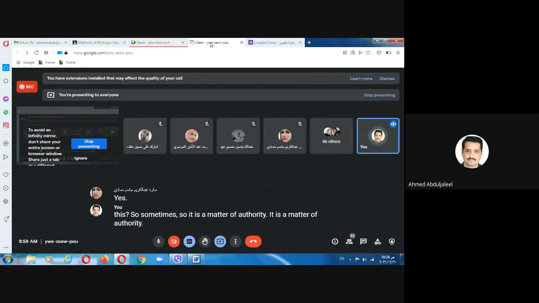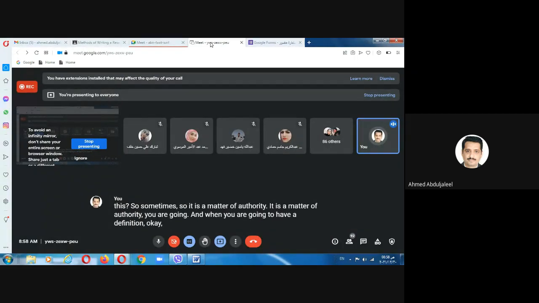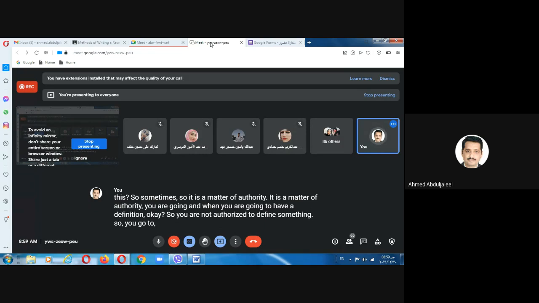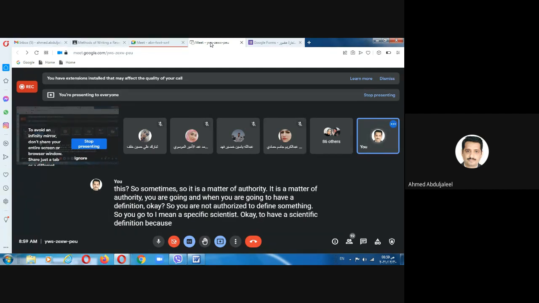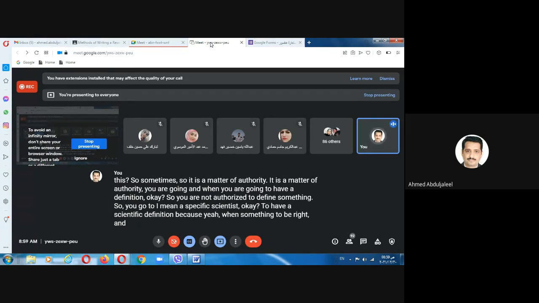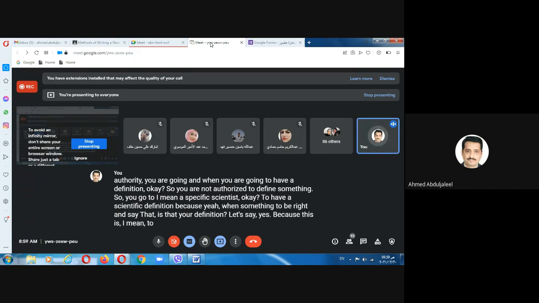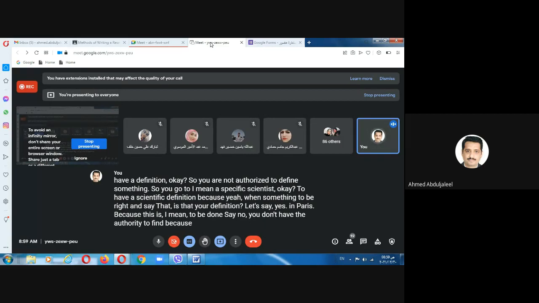When you are going to have a definition, okay? So you are not authorized to define something. So you go to a specific scientist to have a scientific definition, because if something is read and someone asks, is that your definition? And you say yes, because it is done in paraphrase. Say no, you don't have the authority to define because this is the job of the scientist.